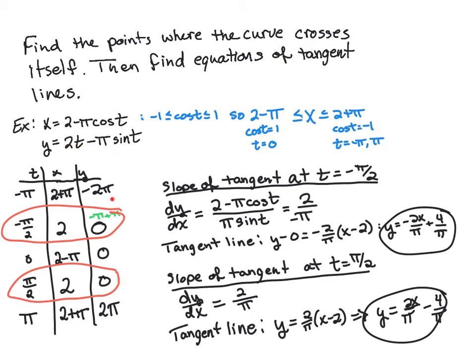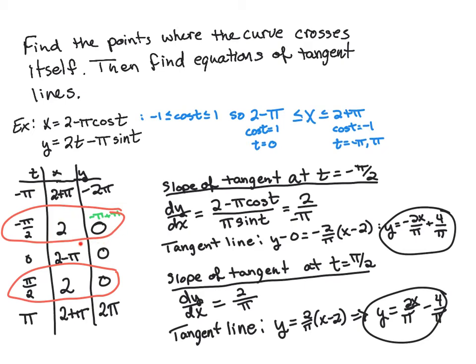Minus pi plus pi gave me a 0. Plugging in the 0, the sine of 0 is 0, the whole thing is 0, boom, we're done. Plugging in pi over 2, that gives me pi. This is a +1, so I'm subtracting pi minus pi, I get another 0. And at this point, we found the 2 points where the curve crosses itself, if there's only 2. Sometimes there's more, but we're just going to worry about these 2 guys right here.